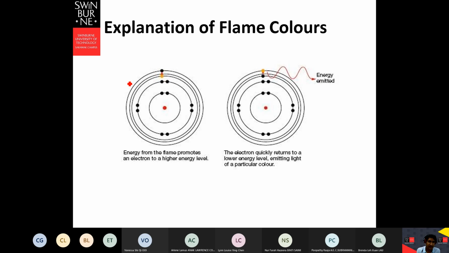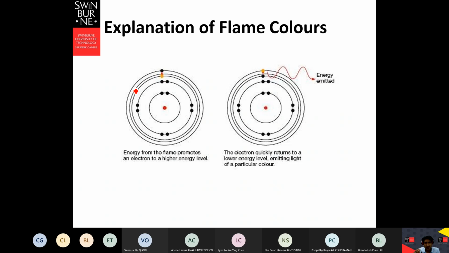That energy is being transferred to these atoms of different elements. And remember that we are considering all the same atoms in the sample. When we are putting sodium, all around that is sodium atom only, nothing else. Sodium is not mixed with anything else. So all of them are the same.